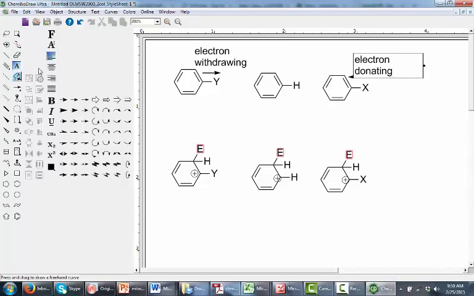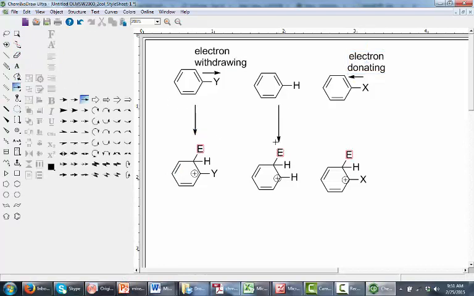So that's going to be putting electron density into the aromatic ring. Now let's ask what's going to happen when I react each of these with some kind of generic electrophile, call it an E+, for example. These are all going to undergo the same reaction with an E+, and they're all going to form analogous intermediates.